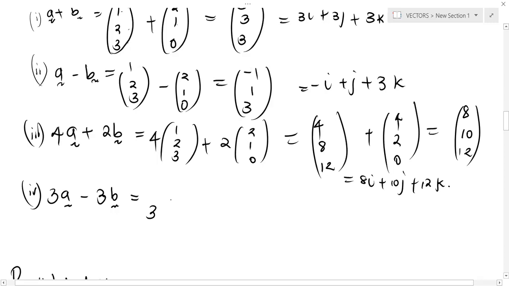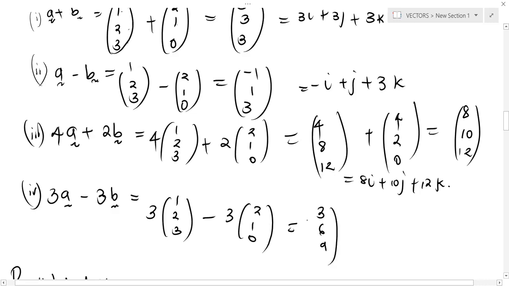Okay, lastly, 3A minus 3B. The column vector for A is 1, 2, 3, and the column vector for B is 2, 1, 0. Multiplying the scalar throughout the column, we'll have 3, 6, 9, minus 6, 3, 0.